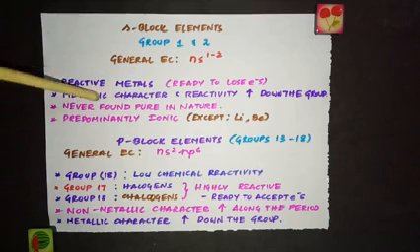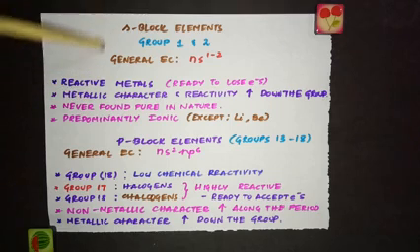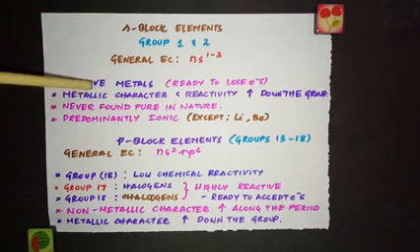Now getting back to S block elements, they have metallic character. S block elements are metals, and their reactivity increases down the group. As I told you, as you move down the group, the metallic character increases, and in the same way reactivity also increases.